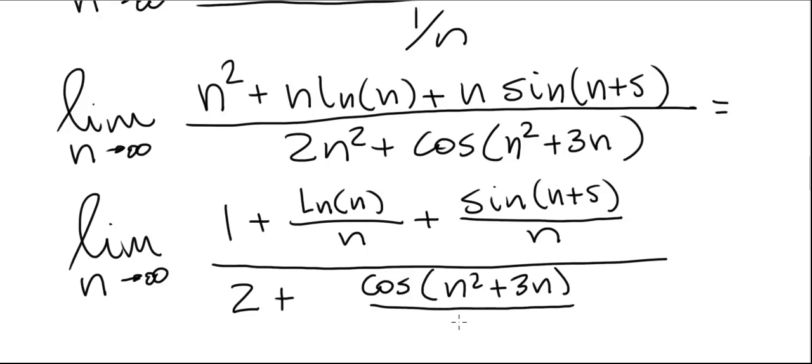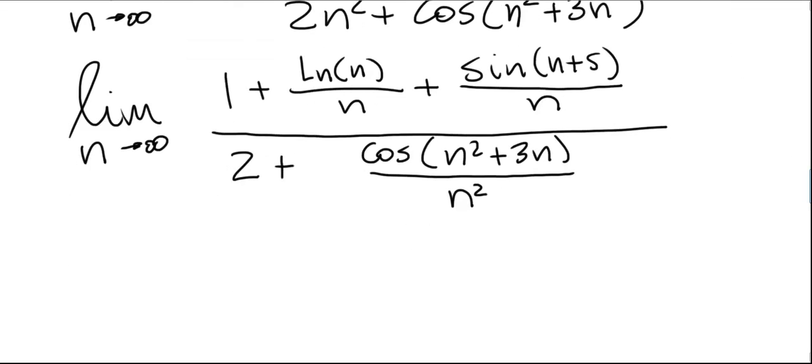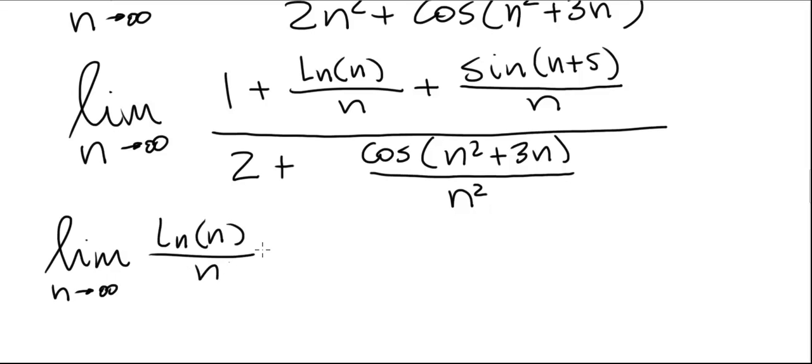Now all we have to do is compute these individual limits and we'll be done. So the first limit we're going to compute is the limit as n goes to infinity of ln of n over n, and that's equal to the limit as x goes to infinity. We pass this on to the continuous function ln of x over x.